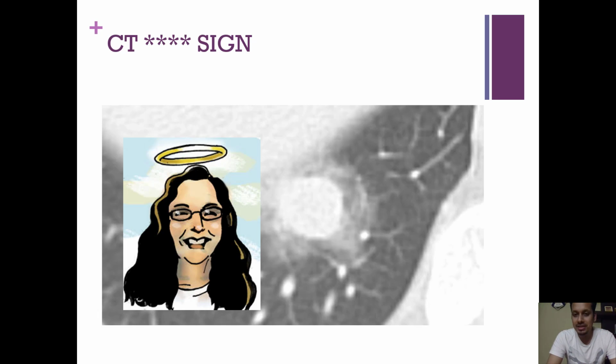The other conditions where this halo sign is seen are Wegener's granulomatosis, and also some forms of angioinvasive sarcoma malignancies, where the center of this lesion would represent the infarcted lung lesion, and the periphery would represent the lepidic growth.